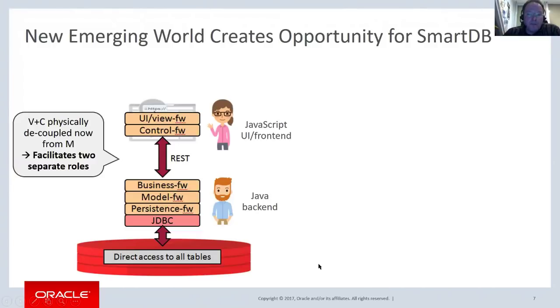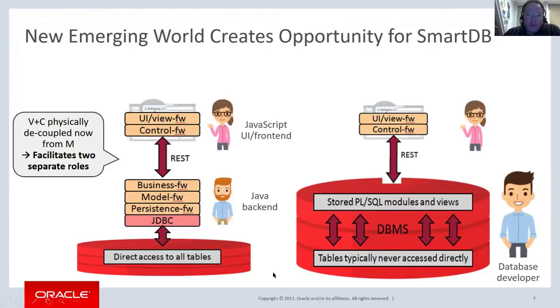Now, the reason why I call this the new emerging world creates an opportunity for SmartDB to revive again is because what you can now also envision is that instead of having a JavaScript backend developer here, you now just have a database developer that creates these backend services for whatever is required on the front end in the user interface part.